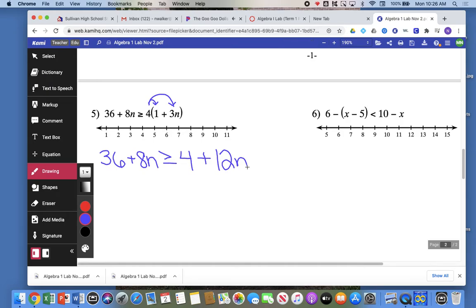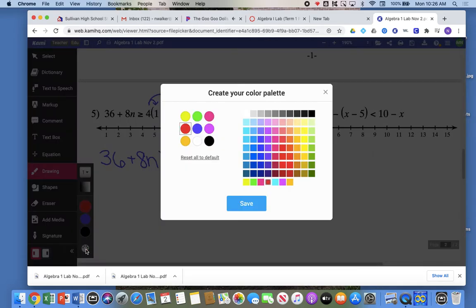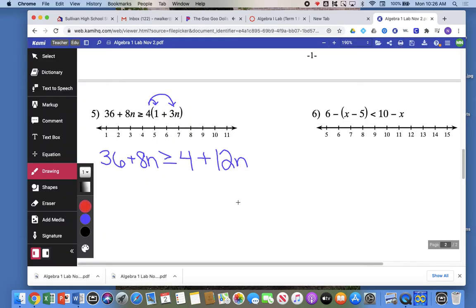All right, so we are distributing here. So once we have this, we are ready to rearrange. Which 2 terms have variables? All right, the 8n and the 12n. So we have an 8n, which is a positive. Are we switching sides or is it staying on the same side?